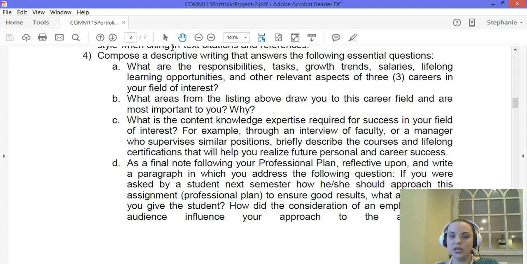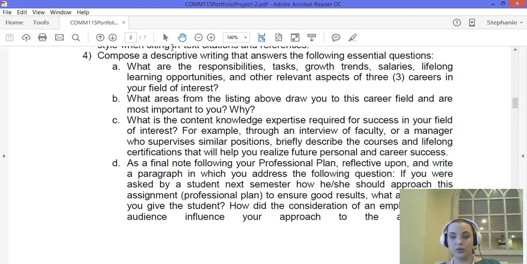Now, if business is your field, then you would look at those three careers that you found, whatever you're interested in in the business field. And you're going to talk about the responsibilities of each of those careers. What are you responsible for? A great way to find responsibilities is to go online and find a job description for someone who is a general manager at, let's say, a hotel.